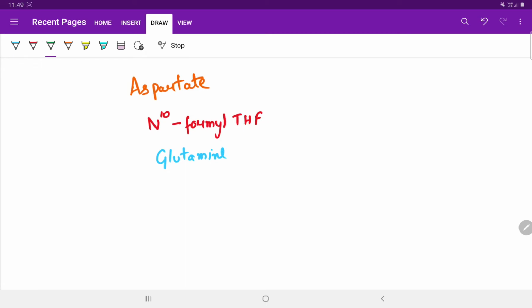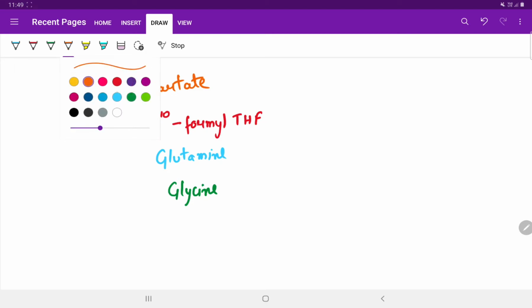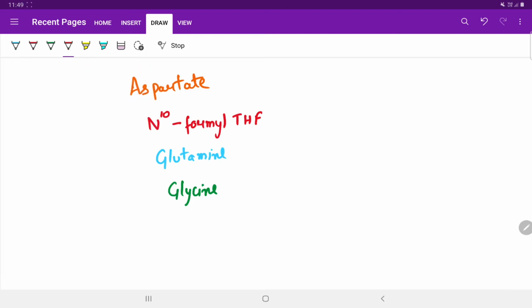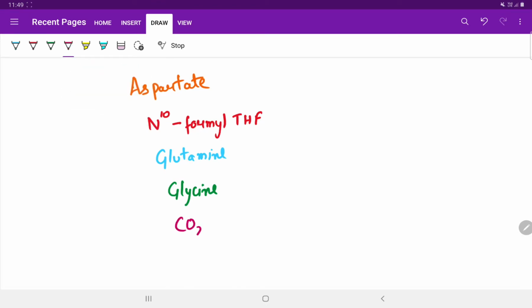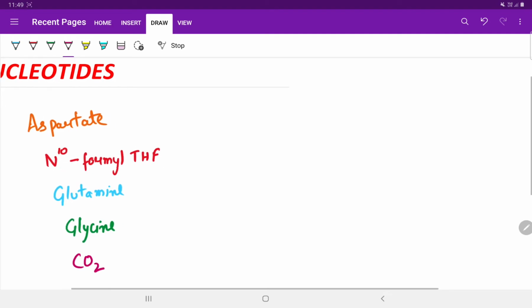Apart from this, glycine, and a carbon dioxide molecule is also participating in the various types of molecules that are supplied to the formation of a purine ring.